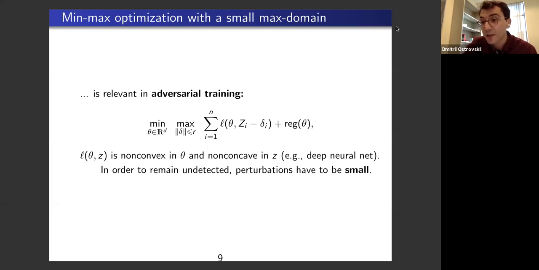They should be small, but at the same time big enough to shift your baseline. This kind of small maximization domain assumption is rooted in practice, in fact.